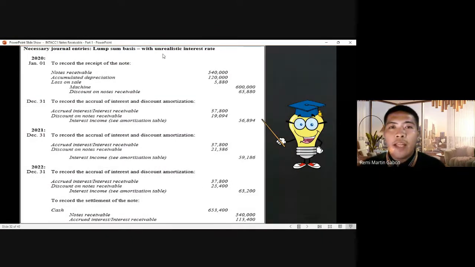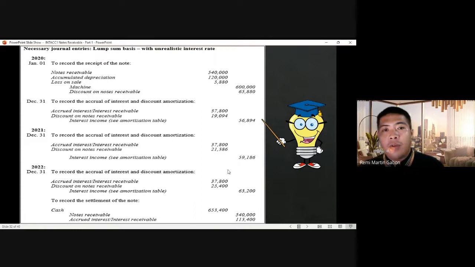Now to record the final settlement, we just total all debits to accrued interest. So 37,800 times 3 is 113,400. That is what we credit to accrued interest. Then credit notes receivable for the full amount of 540,000. The total of the two is debit to cash, maturity value of 653,400.